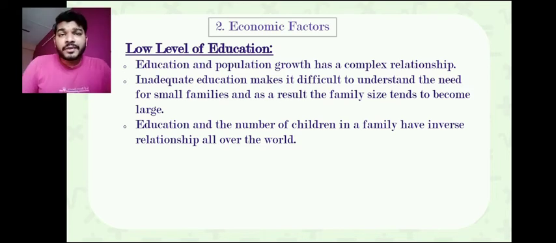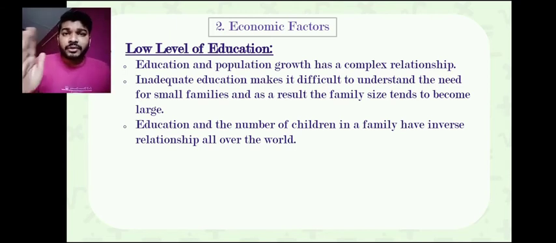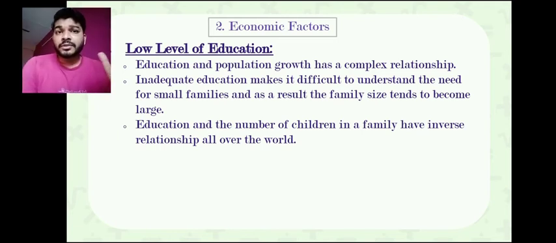In a survey of primary-educated females and illiterate females, the primary-educated females tried to have fewer children than the illiterate females. Why is it so? Because the illiterate female does not know that high birth rate will be a problem in future. They just think that more children will give them more benefit, or will help them in old age.